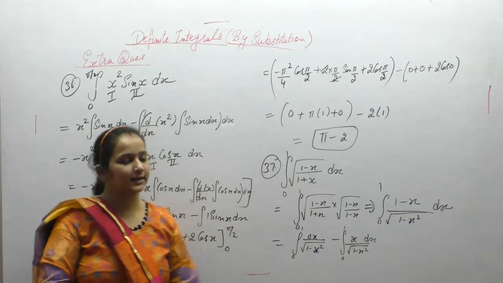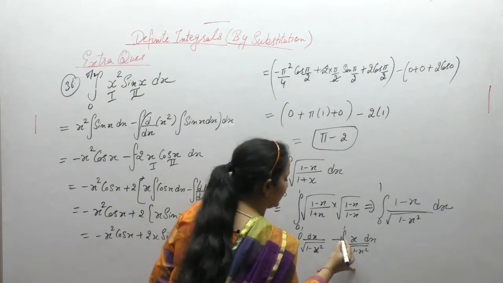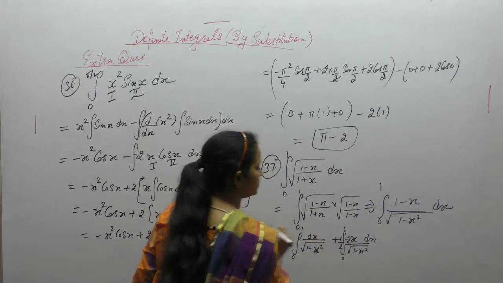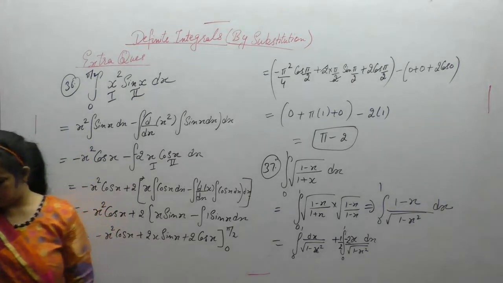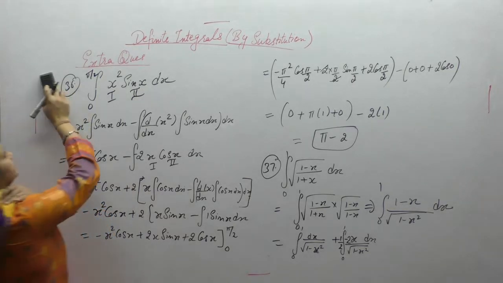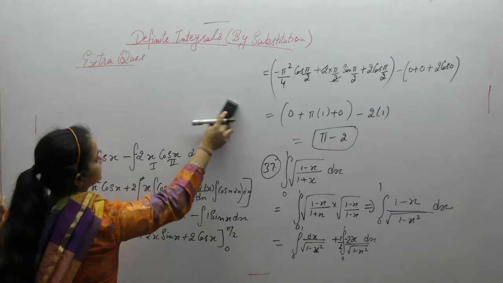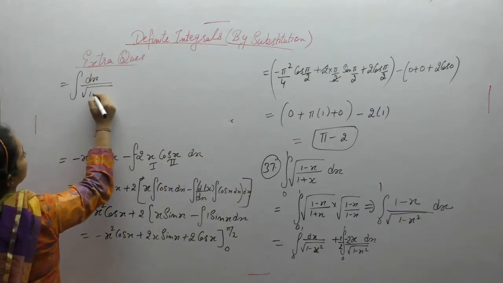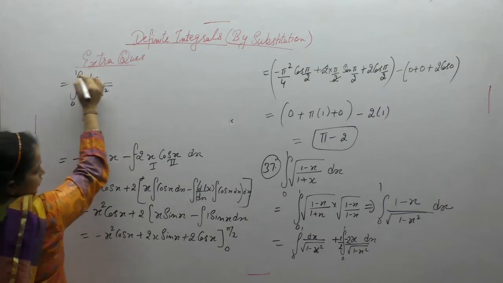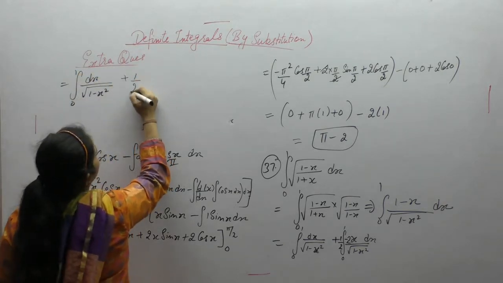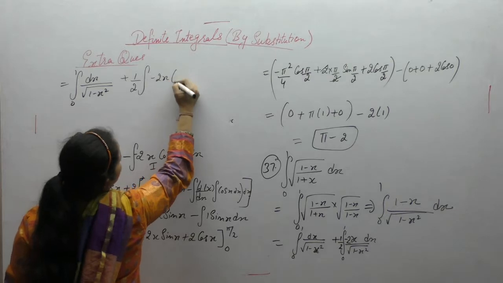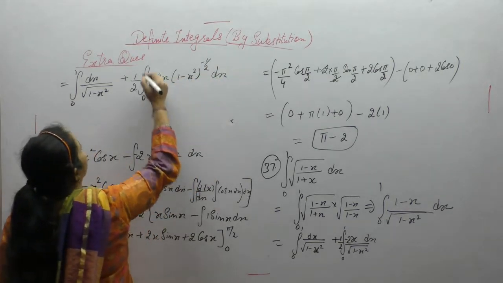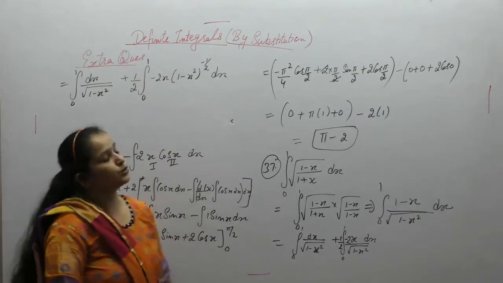In the second integral, first we complete the derivative by multiplying and dividing it by 2: integral of dx upon square root of 1 minus x square plus 1 by 2 minus 2x into 1 minus x square power minus 1 by 2.